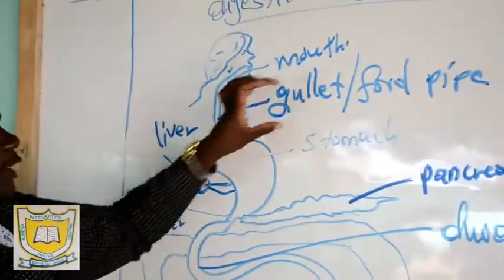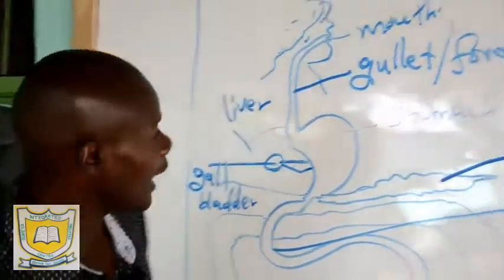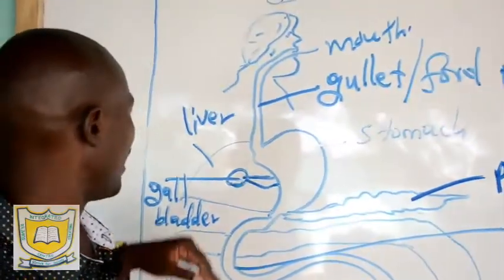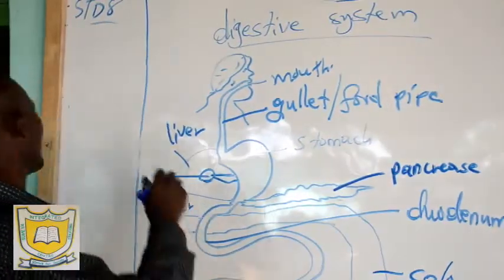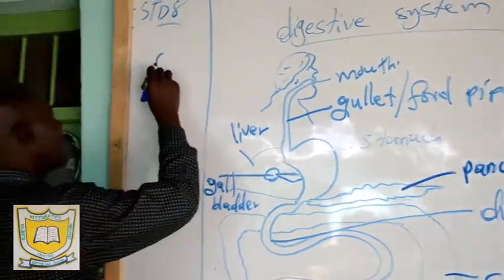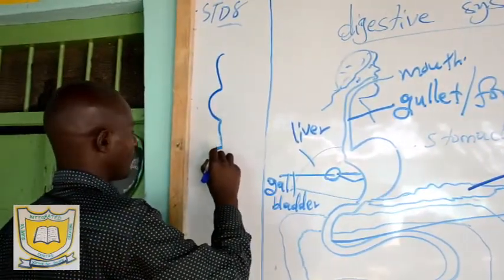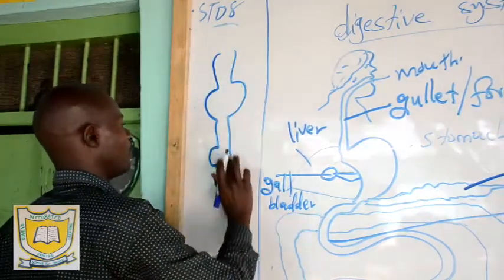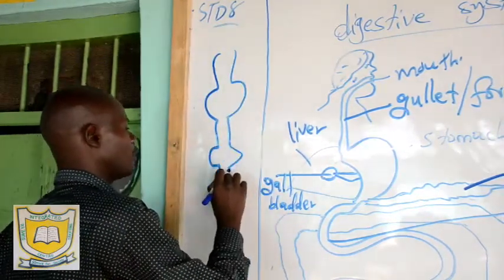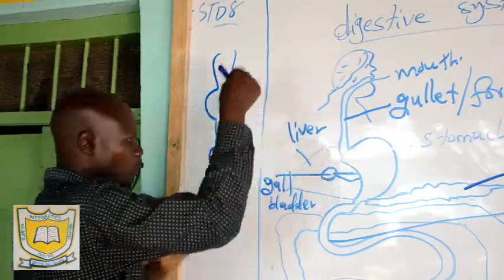The food rolls down through the gullet. Now what happens in the gullet? Inside the gullet, the food moves in a wave-like manner. This is our bolus as you are swallowing.